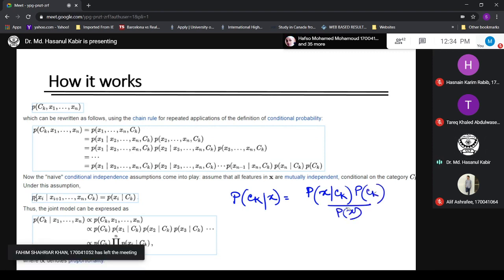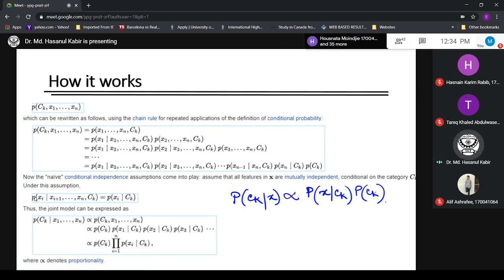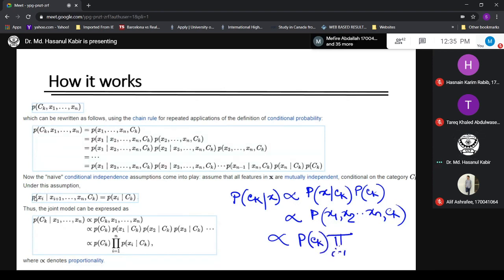If I omit that one, I can say that the posterior probability is proportionate to this term on the right hand side, which is probability of x1 given x2 up to xn, and then class. According to our expansion, we can write this as probability of class, the prior, and then the product of the element wise likelihood. Yes or no? So do you get it here?